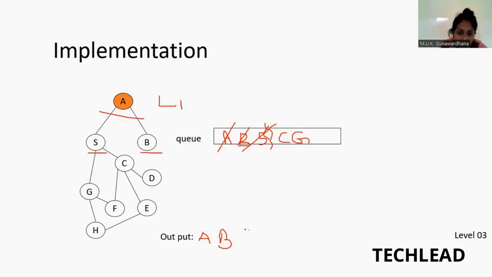Likewise, we must traverse all the nodes in the graph. Now we move to the node C. Check whether there are any adjacent nodes.